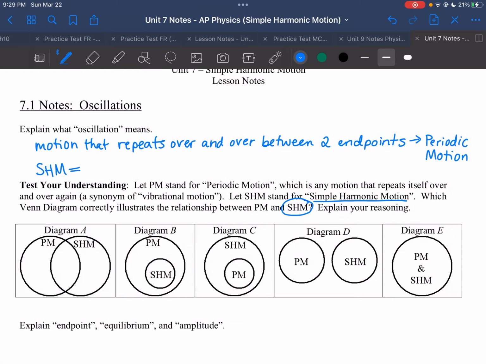So it's a type of periodic motion due to a restoring force proportional to displacement.